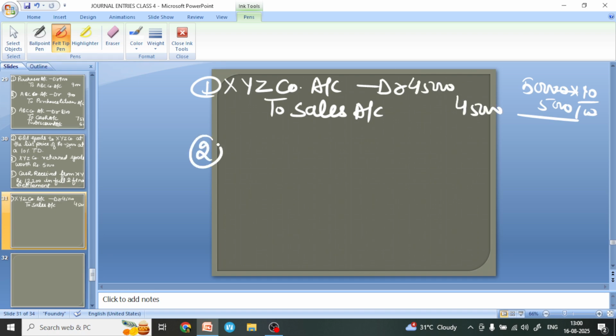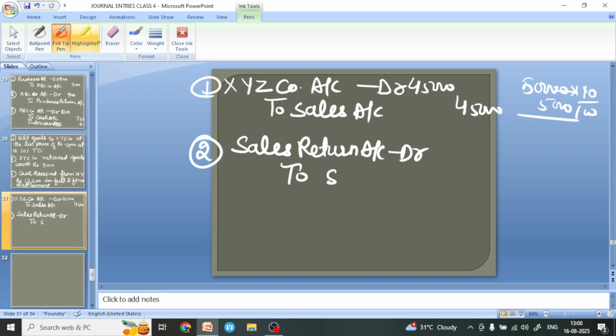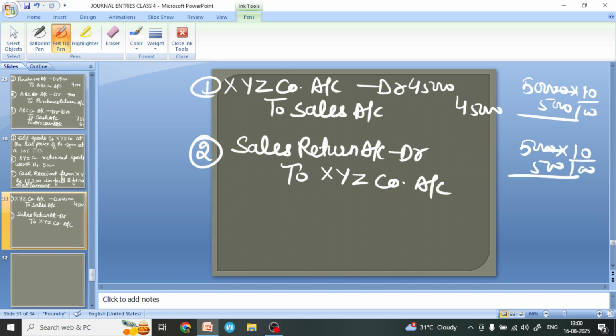Now second entry, goods returned of rupees 5,000, sales return account debit to XYZ company account. 5,000 multiplied by 10% trade discount, and after subtracting the trade discount the amount will be 4,500.